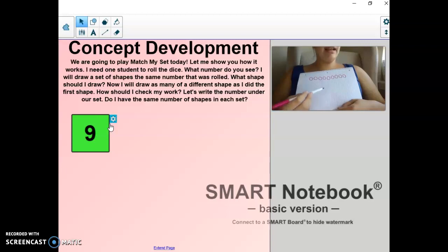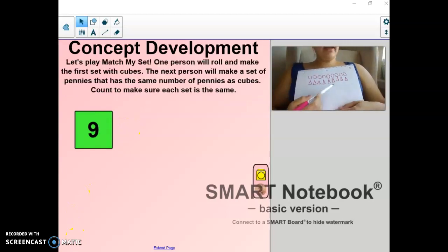Underneath my 9 circles, I'm going to draw 9 triangles. 1, 2, 3, 4, 5, 6, 7, 8, 9. Very good. Okay, so I think I drew the same number of circles as I did the number of triangles, but we always want to check.